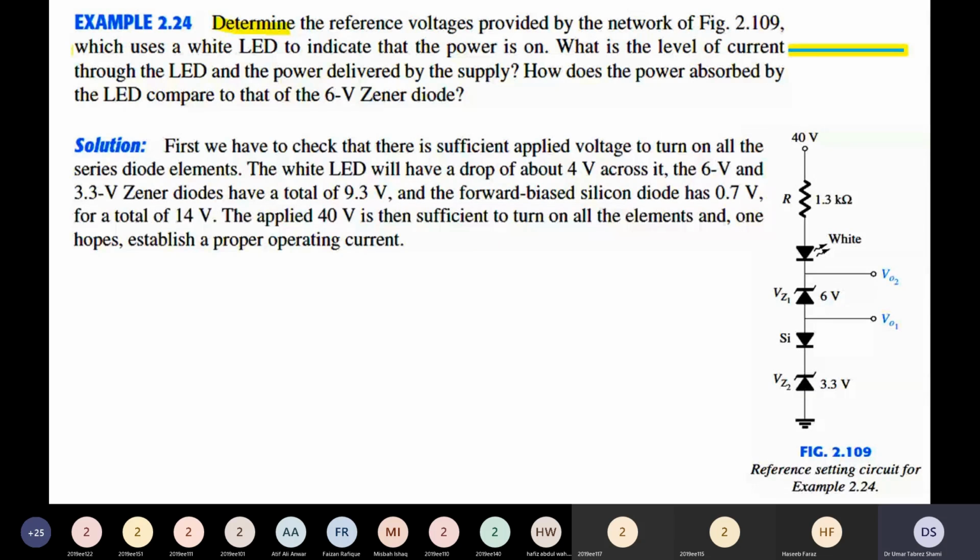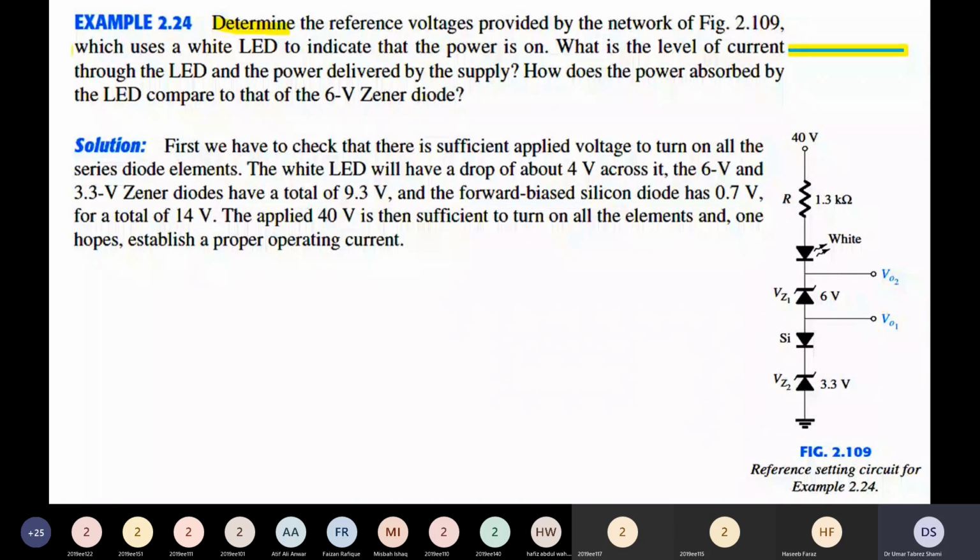How does the power absorbed by the LED compare to the 6-volt Zener diode? So let us look at the solution. We have to check that there is sufficient applied voltage to turn on the series diode elements. The white LED will have a drop of about 4 volt across it.